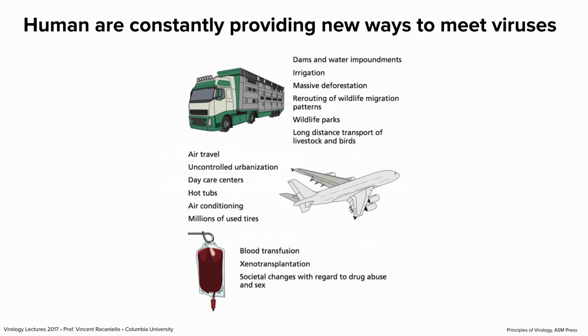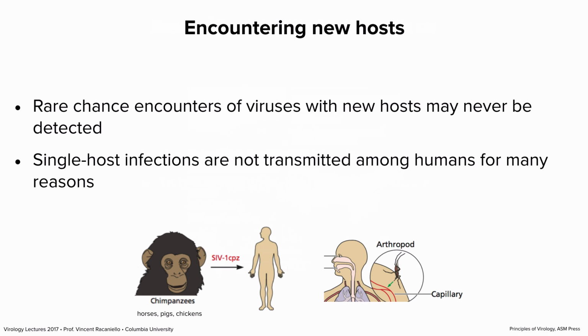You can put in a heart valve from a pig. Well, guess what? Those pigs have their own sets of viruses in them. And what are they going to do? People think about that all the time. And then, of course, societal changes with respect to drug abuse and sex has ended up spreading viruses in those ways as well. So we're very good at this.